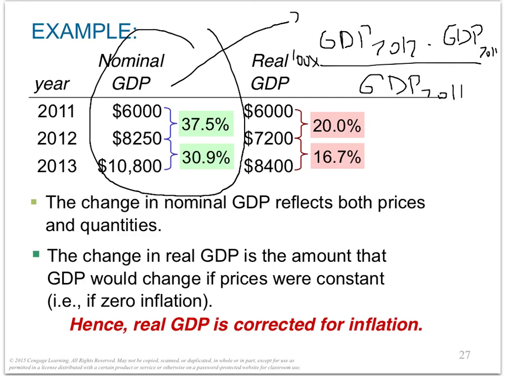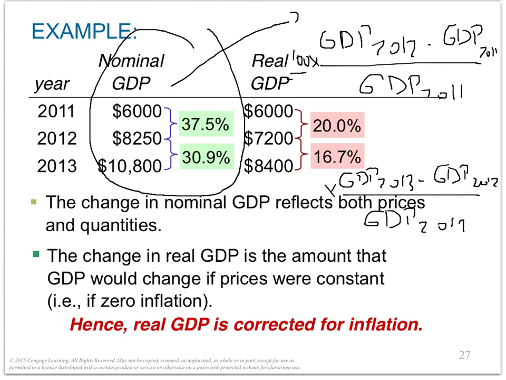Times 100 will give us the percentage value. And we can do the same calculation to find the change in the nominal GDP between years 2013 and 2012. The same logic applies. The later year should be written first, which is GDP 2013 minus GDP in 2012, divided by the previous year's GDP 2012, times 100, which will give us the percentage change.